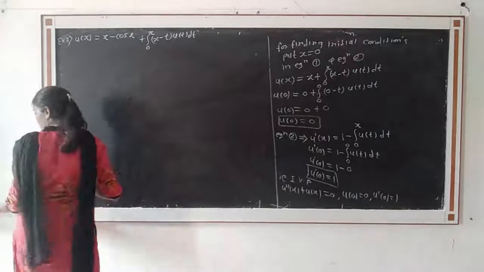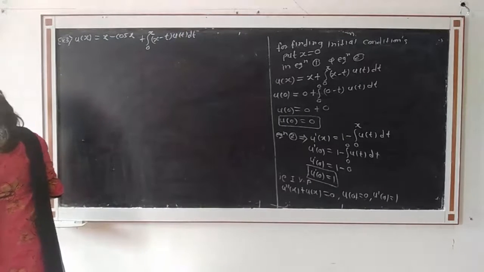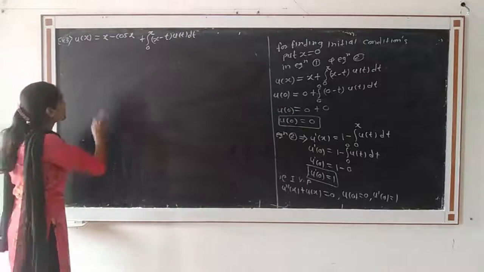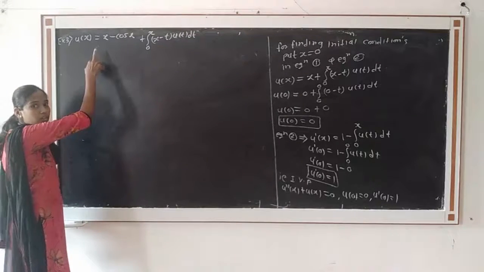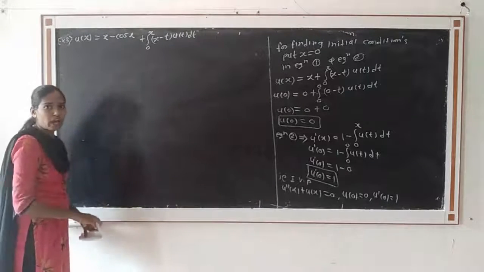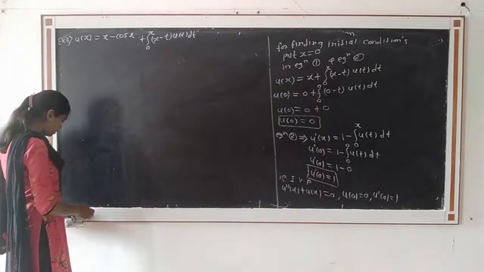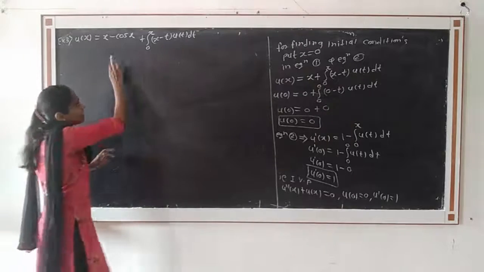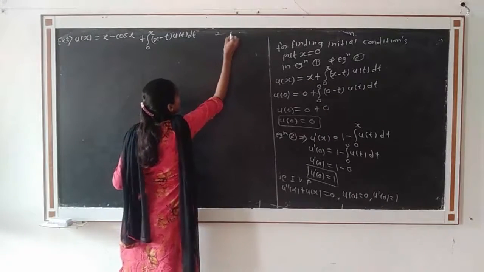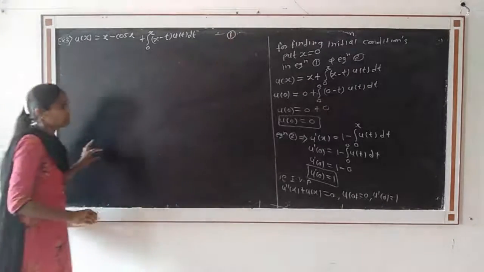Similarly, we have to convert the given Volterra equation to an initial value problem. Then we take the given equation as equation number 1.